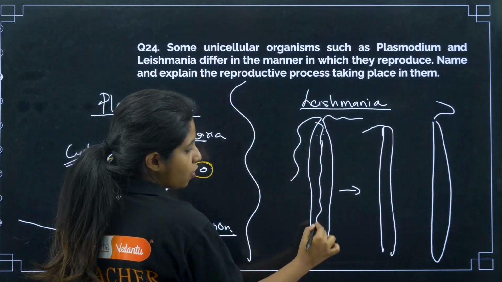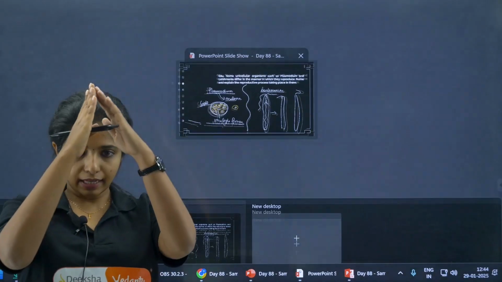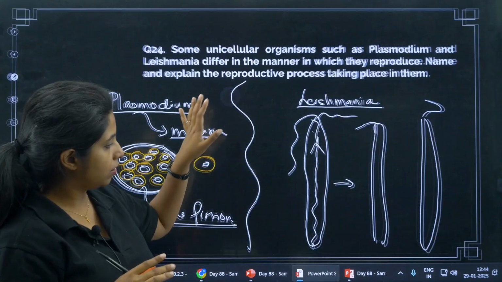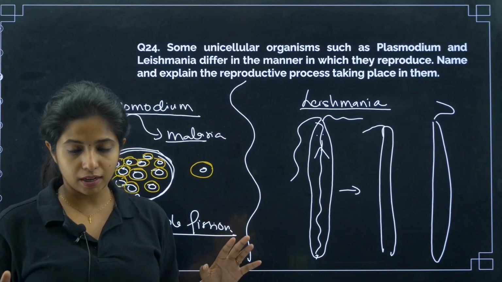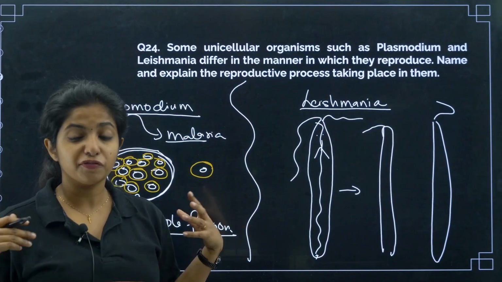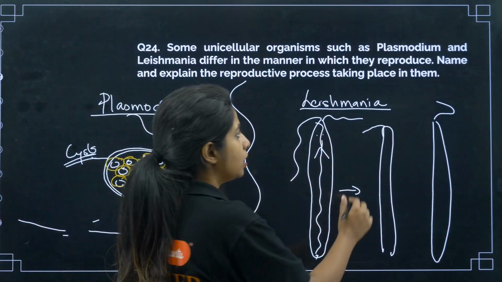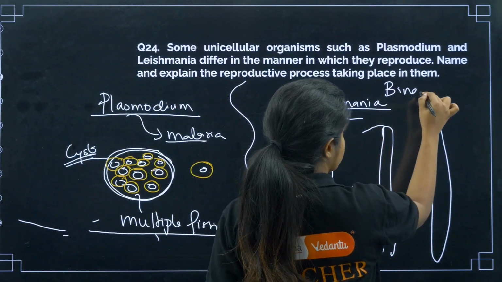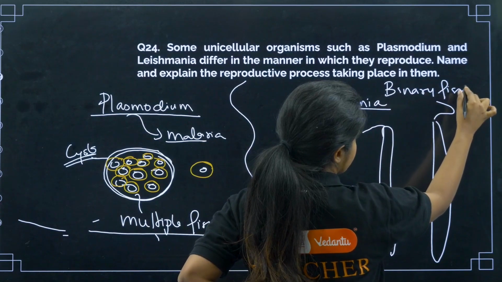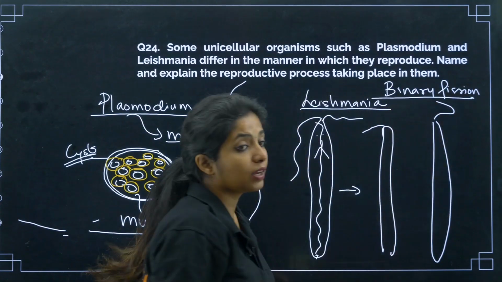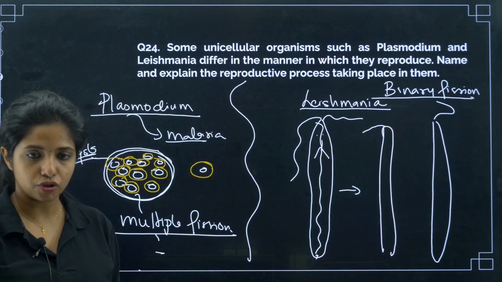So it will divide longitudinally, my dear children, like this, into two Leishmania. This is known as longitudinal fission. But over here, if you see, one organism is dividing into two. So I will call this binary fission.